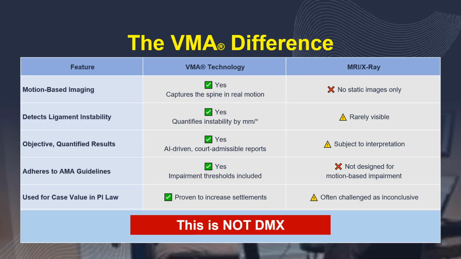The VMA detects ligament instability, MRI and X-ray have difficulty with that. The VMA is objective, and you saw the quantified results down to the 0.5 millimeter or even 2 degrees in angulation, and MRI and X-ray, just not acceptable. It adheres to AMA guidelines and is used for case value in PI law.